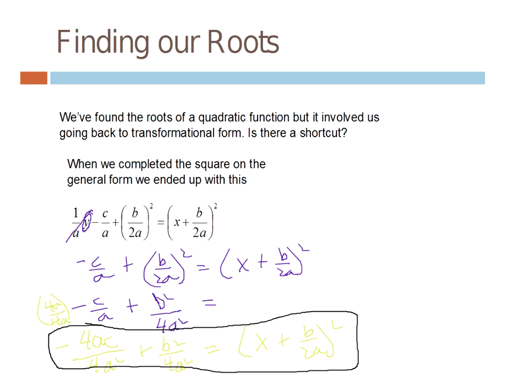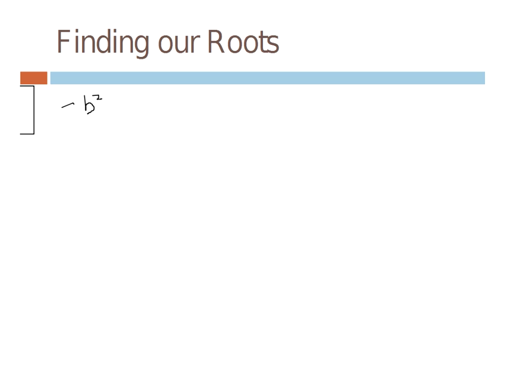Now I'll write the b squared first, and it's a positive. So I'll write positive b squared minus 4ac all over 4a squared equals x plus b over 2a all squared. So I just added those fractions to simplify the left-hand side.